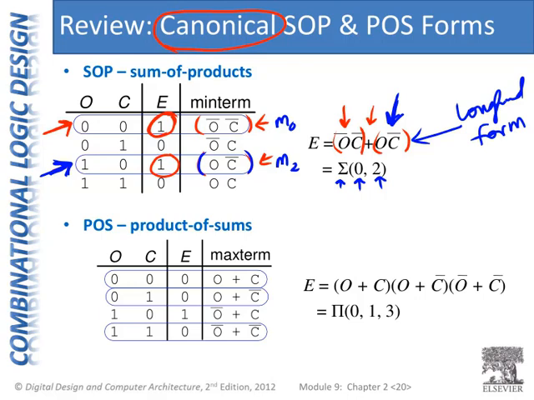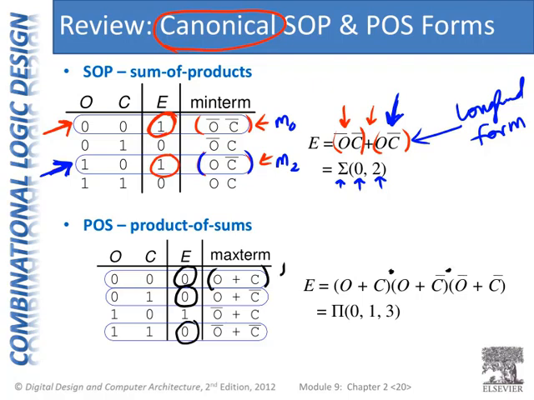We can also write functions in POS form, in canonical product of sums form. In that case, we're going to circle where the output is 0 because we're forcing the output to 0. And we're going to include the max term associated with each of those rows where the output is 0. Each of those max terms is going to force the output to 0. They're in an AND relationship.